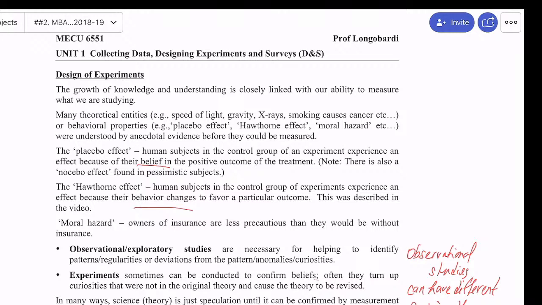When I mentioned moral hazard, this is something that could be studied.